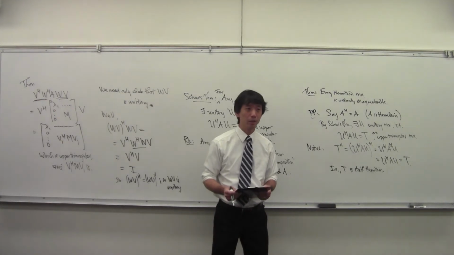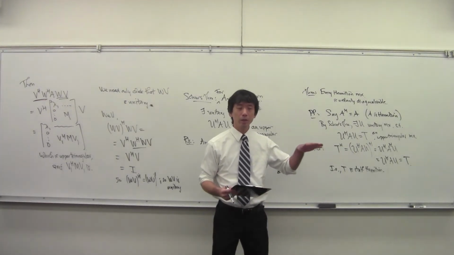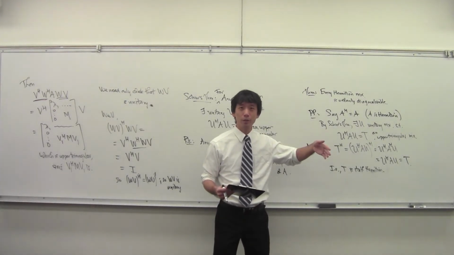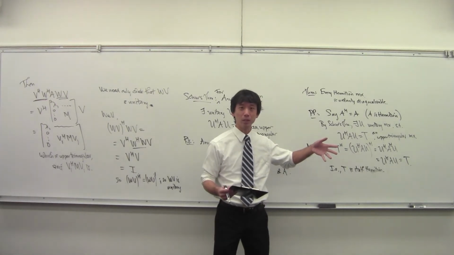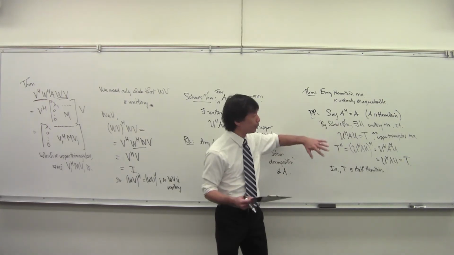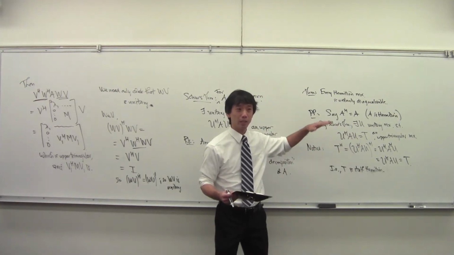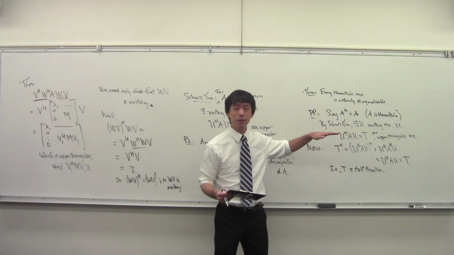But if you have an upper triangular Hermitian matrix, remember what Hermitian means: its conjugate transpose equals itself. So you flip it across the diagonal and take its conjugate and it equals itself.